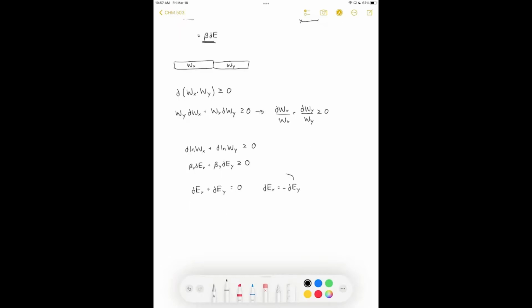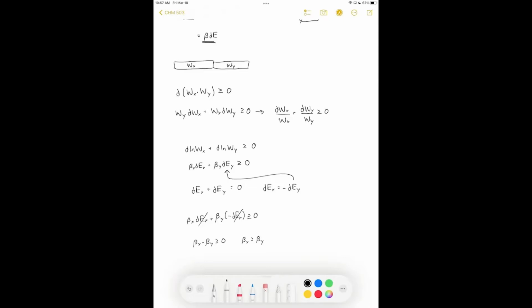We can plug this in up here to find that beta x times dEx is equal to beta y, or plus beta y, times negative dEx. With this, we can cancel out our dEx and find that beta x minus beta y is greater than or equal to 0, or that beta x is greater than or equal to beta y.